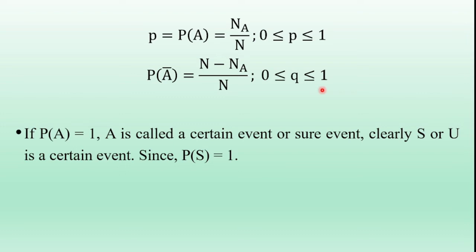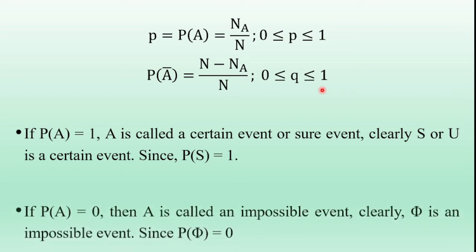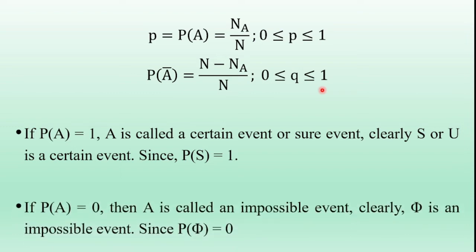Clearly, S is a certain event since the probability of S is equal to 1. If probability of A is equal to 0, then event A is called an impossible event. Clearly, phi is an impossible event since the probability of phi is equal to 0. These two are very important points to keep in mind: probability of S is equal to 1, and probability of the impossible event phi is equal to 0.